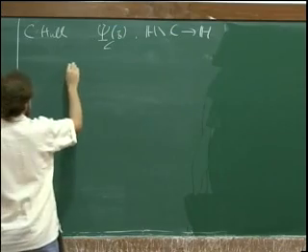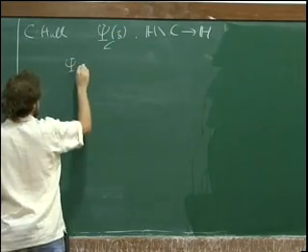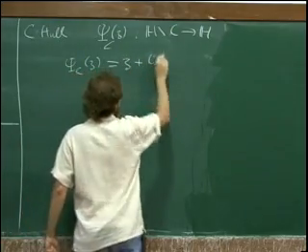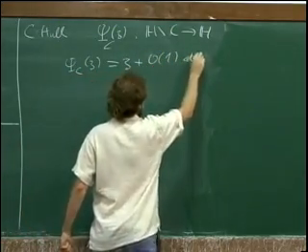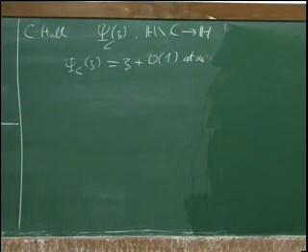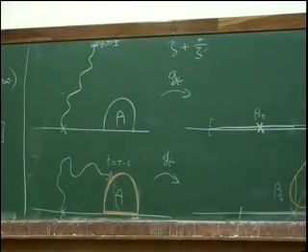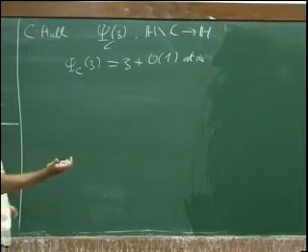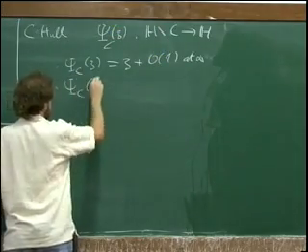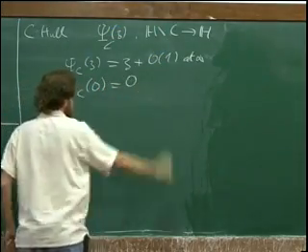It's normalized by saying that psi_C of z is z plus big O of 1 at infinity. So there's one less term that you know. You don't know that the constant term is 0. You just know that it's bounded. So you need one more real parameter, and this is normalized to have psi_C of 0 equal to 0.